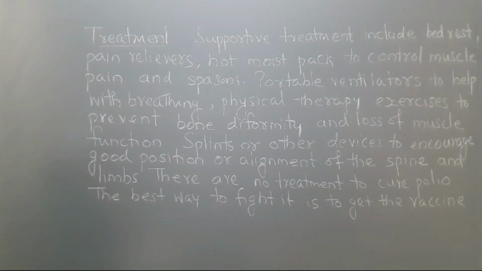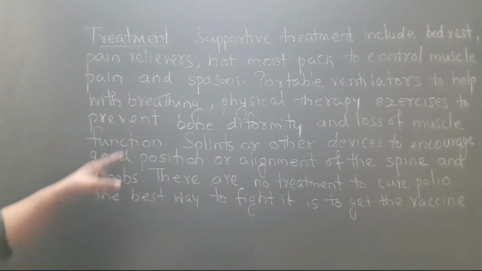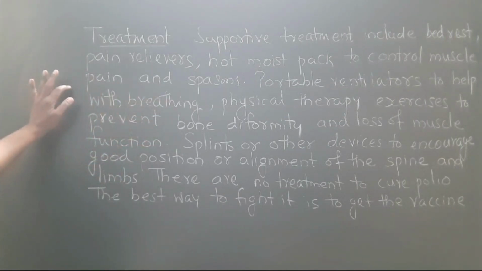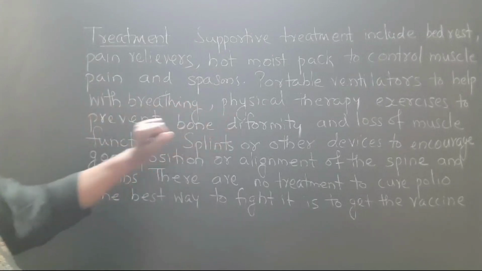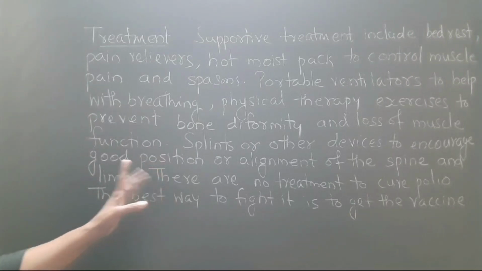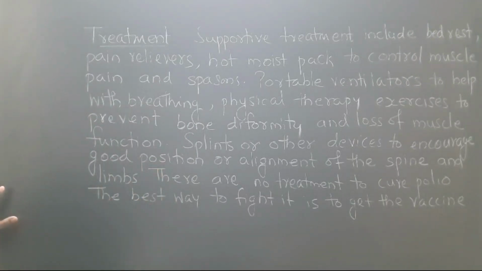Then splints or other devices to encourage good position or alignment of the spine and limbs. We already learned here that there will be bone deformity. So they need to get splints or other devices for what?